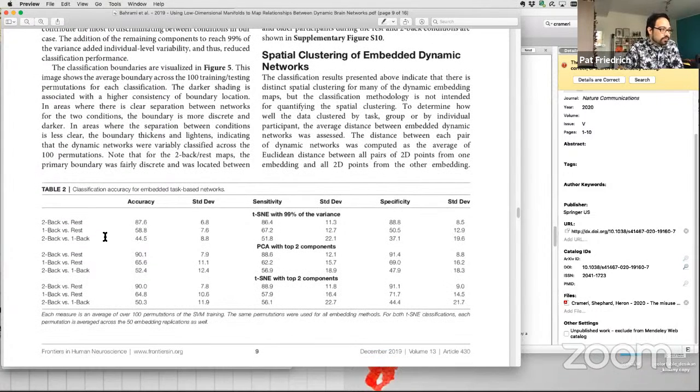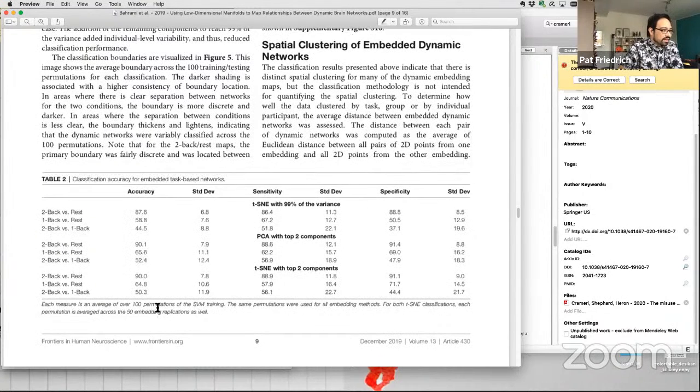So is our algorithm able to classify with the different types of depiction, with the t-SNE with 99%, the PCA with the top 2 components, or the t-SNE with the top 2 components? And we can see actually higher accuracy for 2-back versus rest.